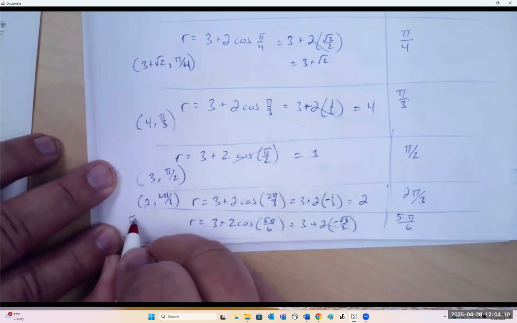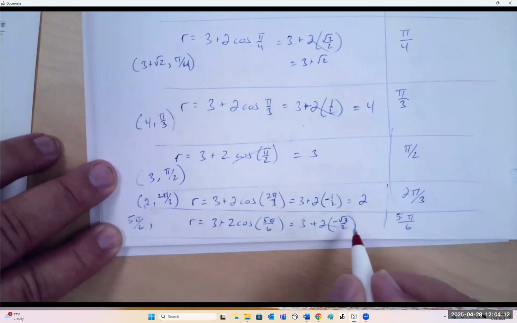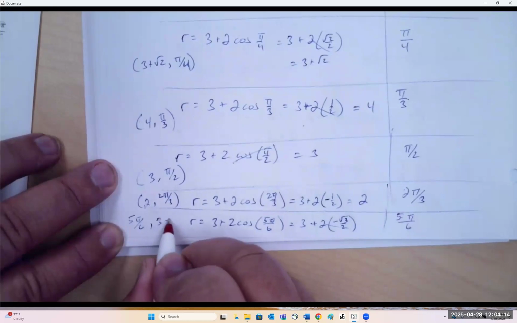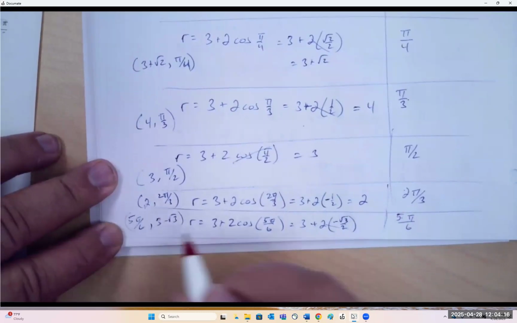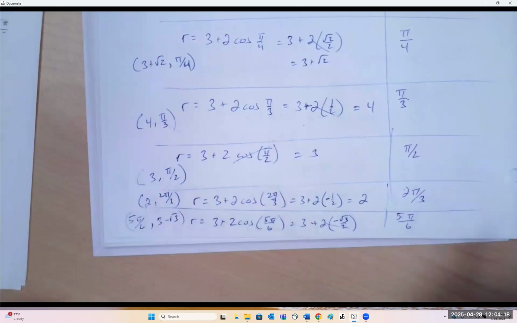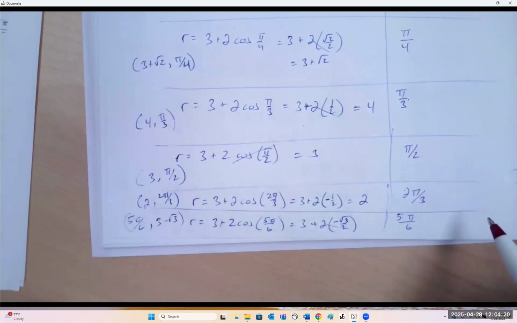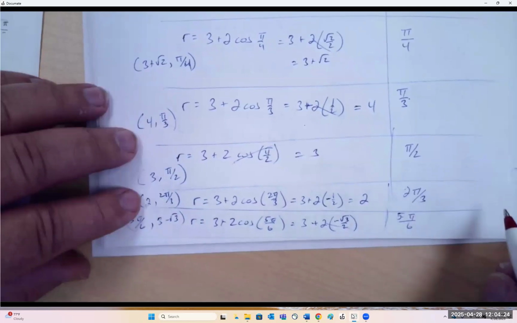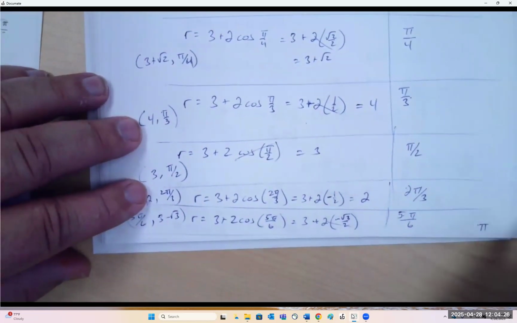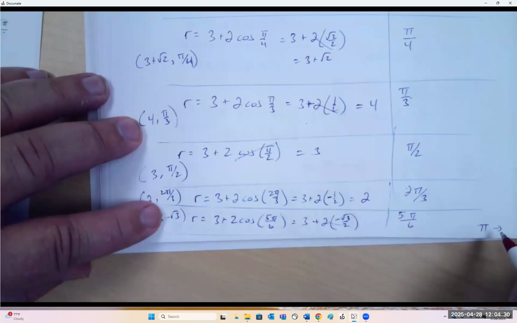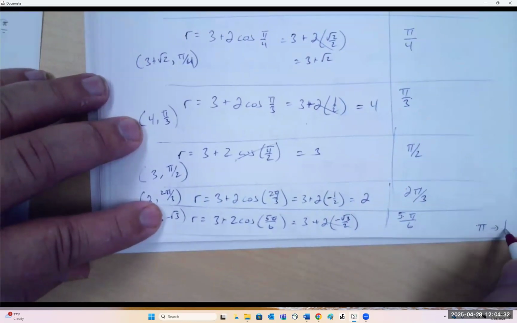So it's 5 pi over 6, 3 minus radical 3. And at pi, cosine of pi is -1, times 2, so it's 1.